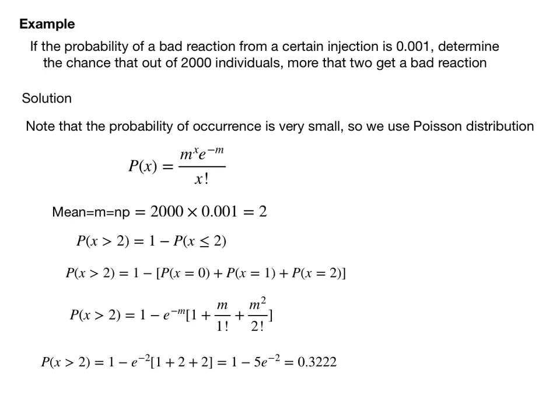So we'll use the Poisson distribution, using the relation n into p, that is mean is equal to m is equal to n into p, where p is equal to 0.001 and n is equal to 2000. Calculate the value of m and substitute in the Poisson distribution to get the required result. For more than 2 getting a bad reaction, that is strictly more than 2, the complement will be 1 minus P of x less than or equal to 2. I have used the equal to sign on only one side.